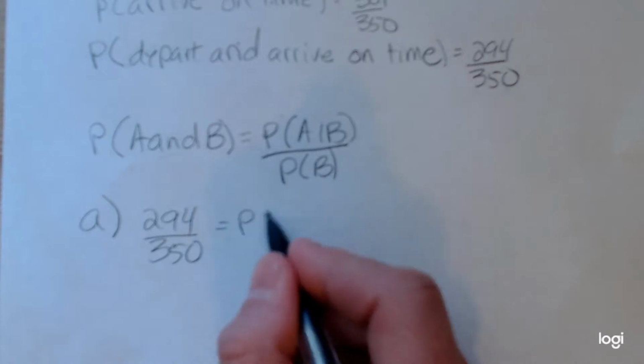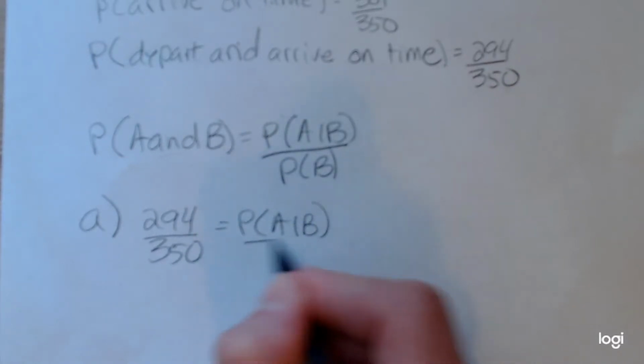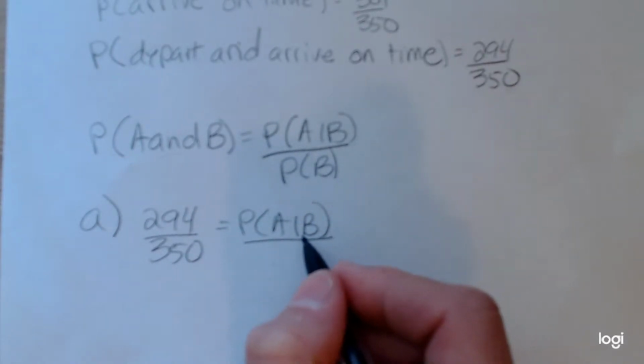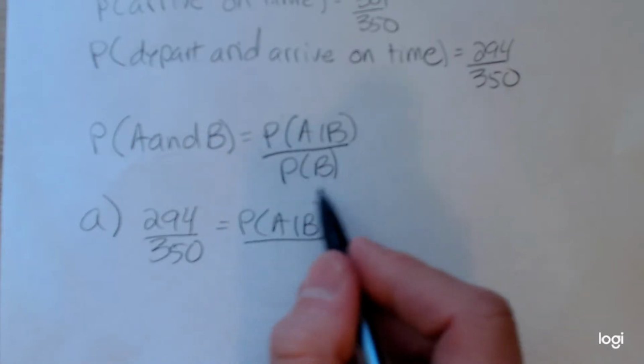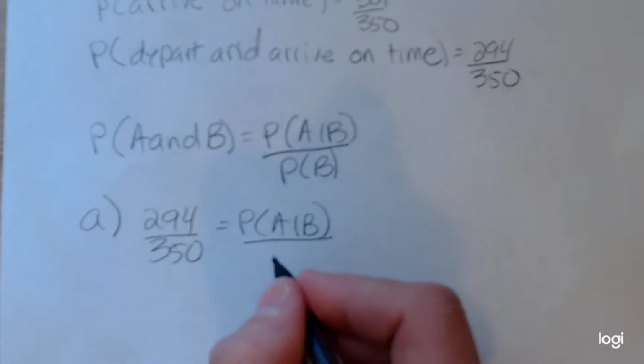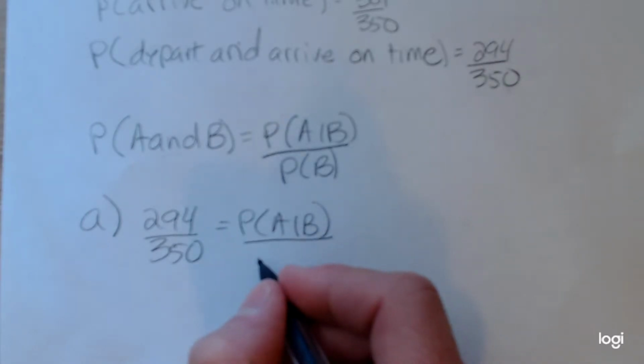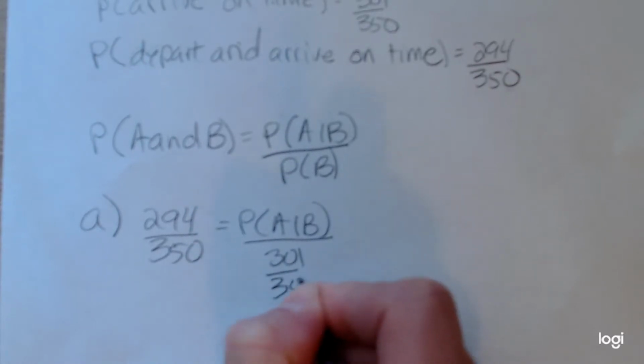So this is the mystery value. And we're told that it arrives on time, so that is the probability that we're given, and that's going to be the denominator. So the probability it arrives on time is 301 out of 350.